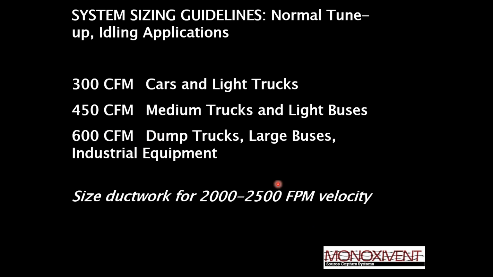My conveying velocity is going to be in the neighborhood of 2,000 to 2,500 feet per minute. And that's as recommended by the Industrial Ventilation Guidebook, right? They're saying, and we know it to be true, in order to remove the particulate from this type of exhaust and remove the exhaust itself, that's the velocity that we need to keep it going from the hose to the duct, from the duct to the outside.